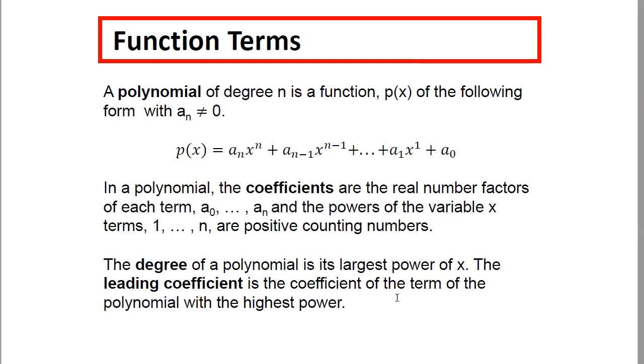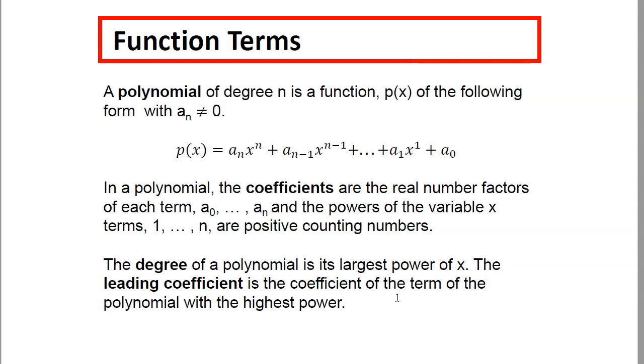We'll also need some function terms in this activity. A polynomial of degree n is a function p of x of the following form, and notice that an, the first number, can't be 0.